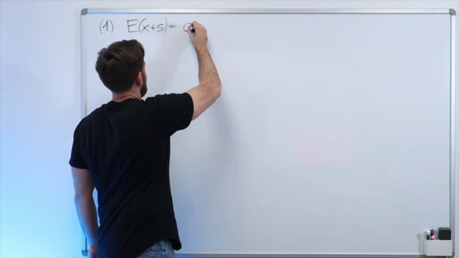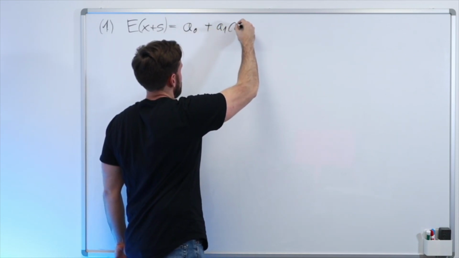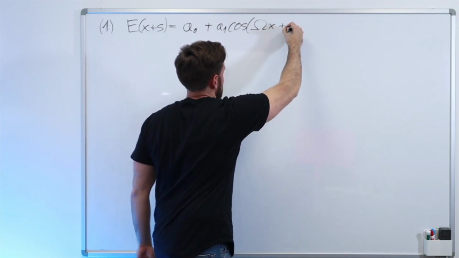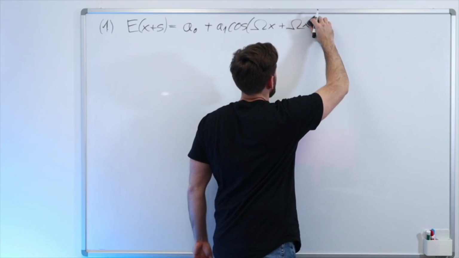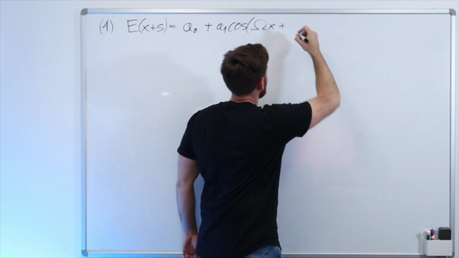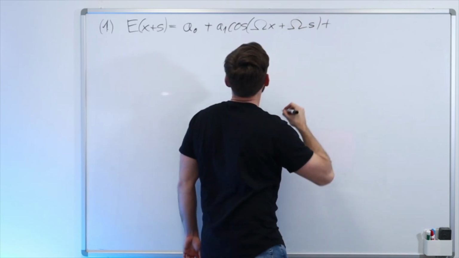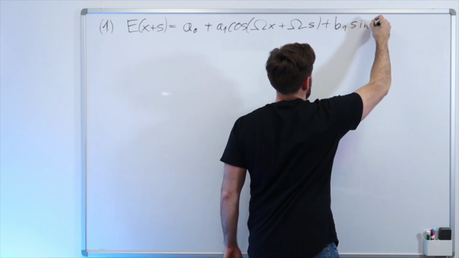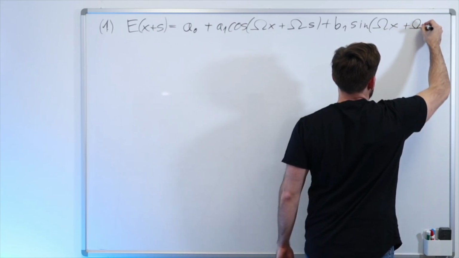We will have a0 plus a1 cosine of omega x plus omega s, plus b1 times sine of omega x plus omega s.